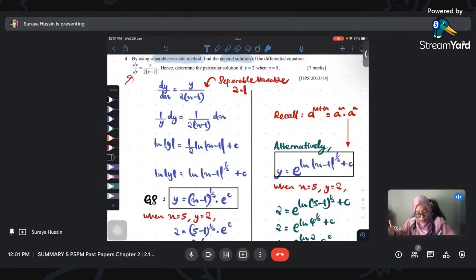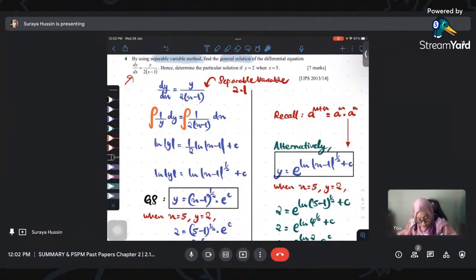After dah separate, y on the left, x on the right, the next step is integrate. Integrate, gunalah color lain, color merah ke, color hijau ke, menunjukkan kamu faham. The second step is integrate. Integrate both side. Bila dah buat banyak kali, terus hafal punya, jangan risau.